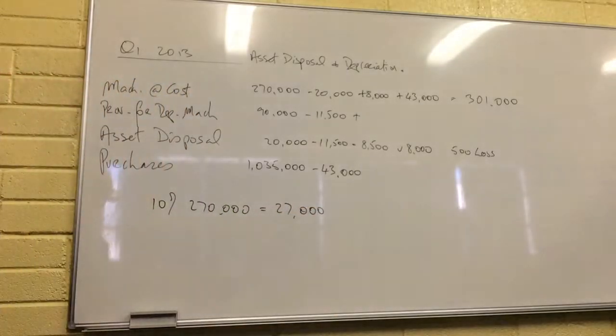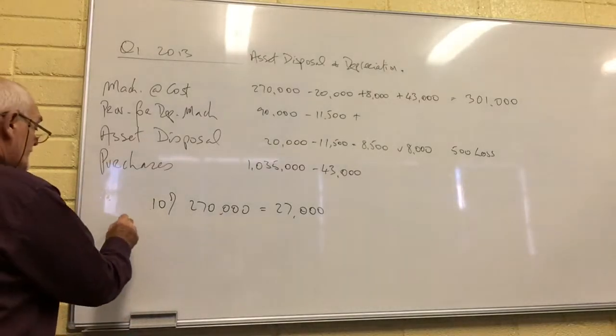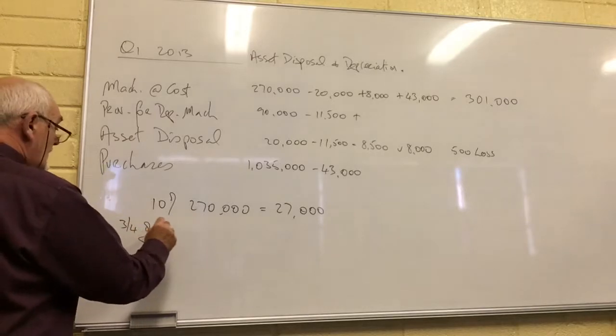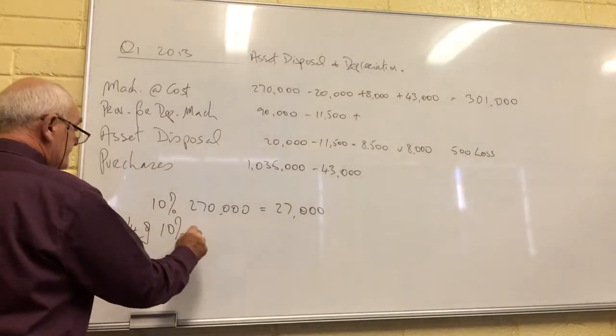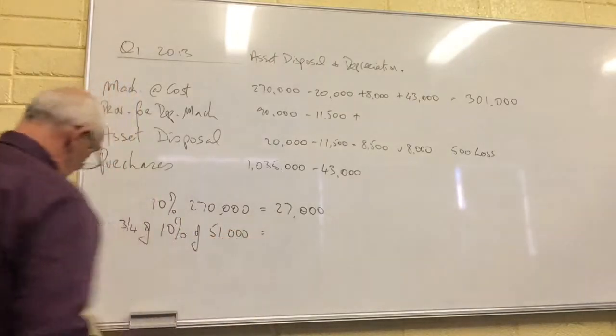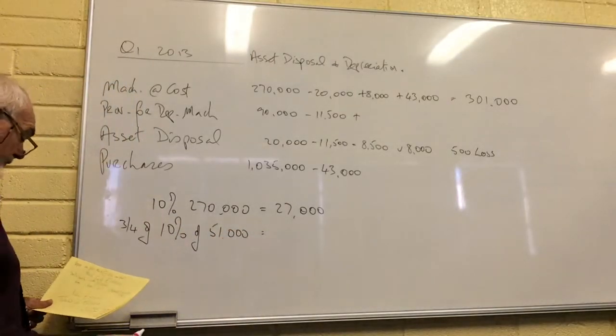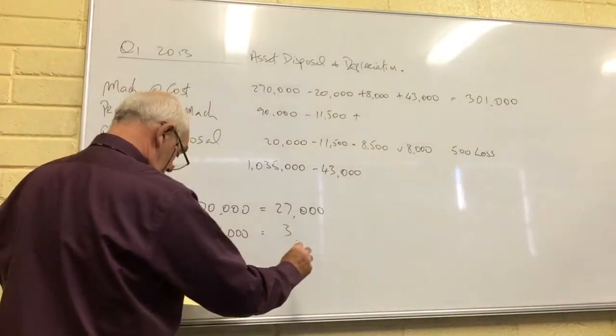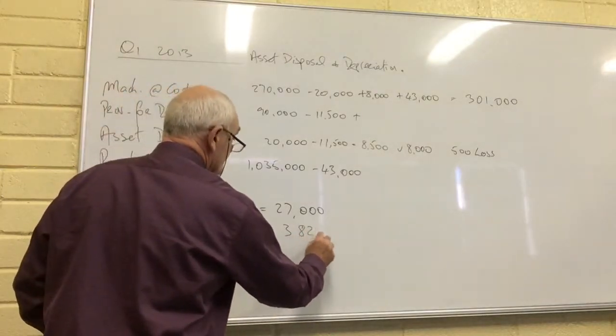And then that ignores the new one that we bought on the 31st of March. So we must add in the depreciation on the new one. So that would be 3/4, that's 9 months, of 10% of 51,000. So that would give us an addition of 3,825.